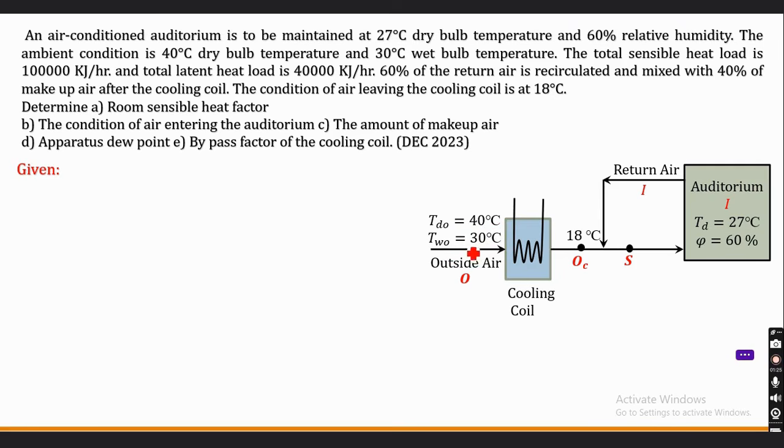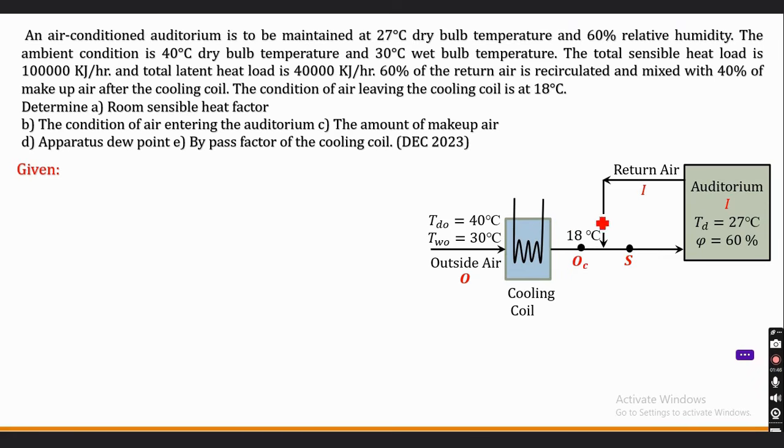It is written in the problem that the air is recirculated after the cooling coil, and the temperature after the cooling coil is given as 18 degrees Celsius. So based on this, we have this flow chart.